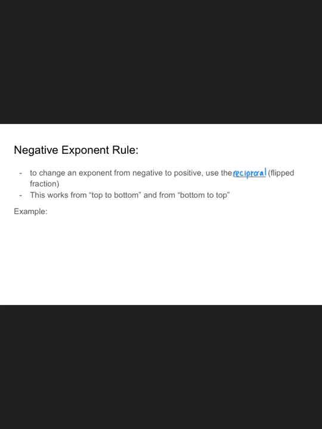So for some examples, the reciprocal of 1/2 is 2 over 1, which we know is also just 2. 2 divided by 1 is 2. And that's the reciprocal. We flip it. The reciprocal of 3/4 would be 4/3. To switch it from negative to positive, you flip the fraction over. That's it. You don't need to worry or think too much. Just know we flip them over.